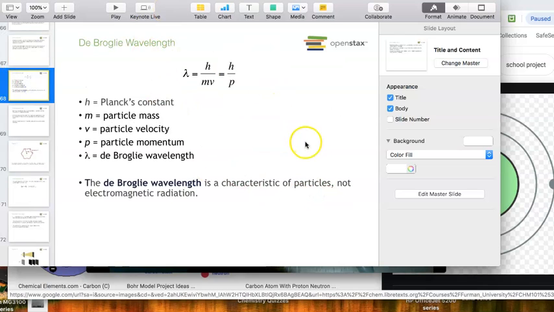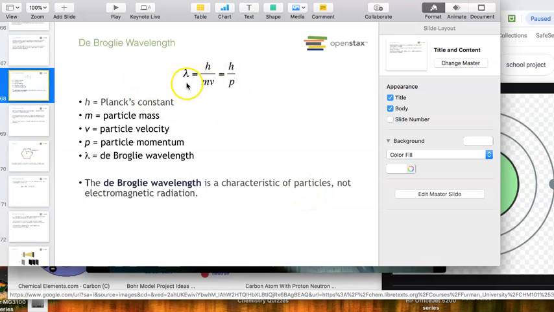So we get to this point: the de Broglie wavelength is a characteristic of particles, not electromagnetic radiation. We learned how to calculate wavelength for light: wavelength is equal to the speed of light over the frequency. But the de Broglie wavelength is a characteristic of particles, not electromagnetic radiation or light.